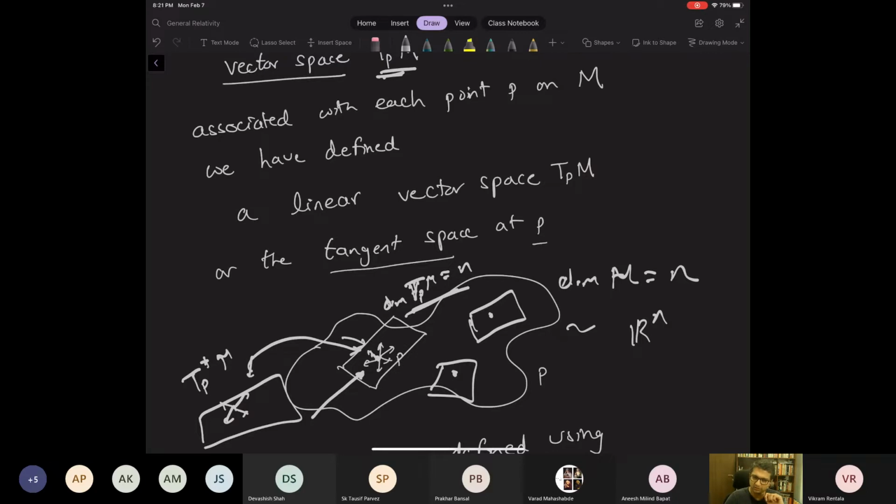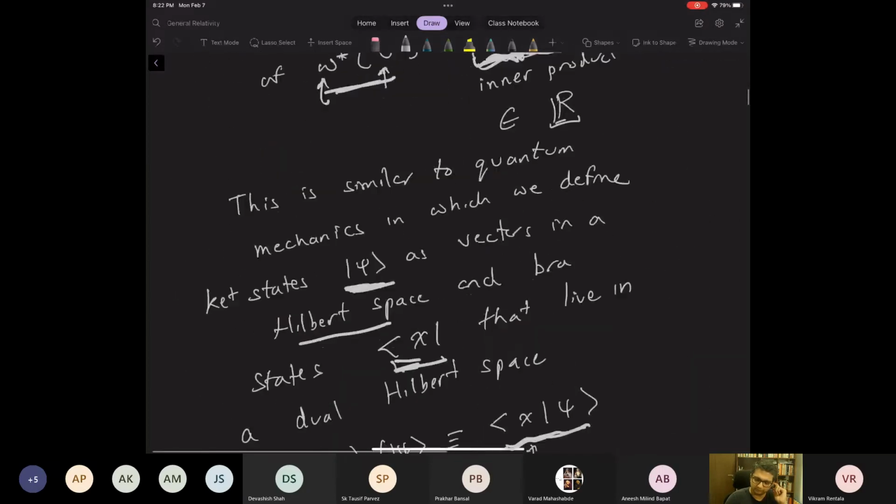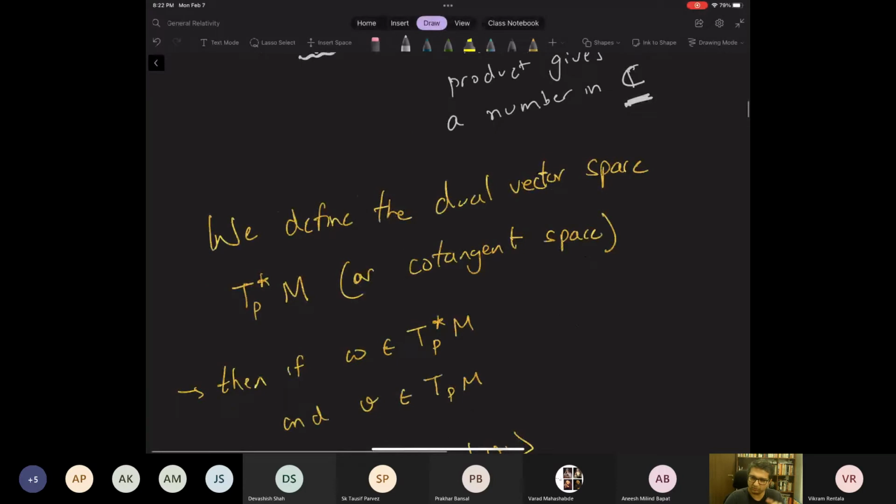It's associated with this point M. And these two vector spaces are dual to each other. So for the vectors omega here and the vectors V here, it's possible to take an inner product of these vectors, and the inner product will be a real number.